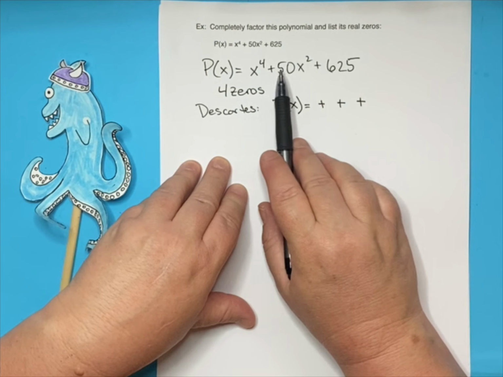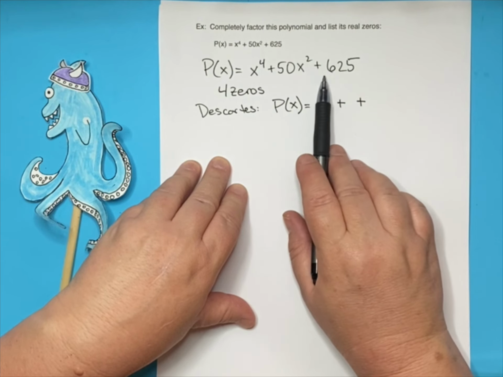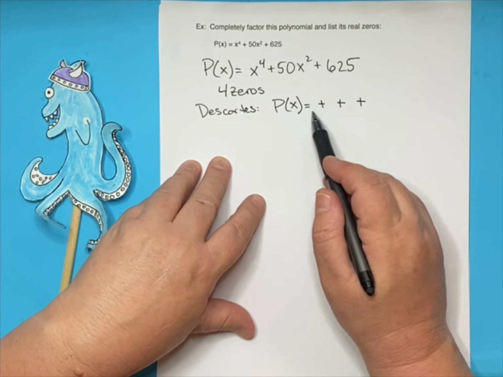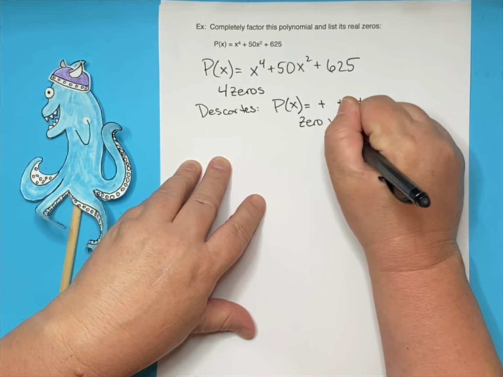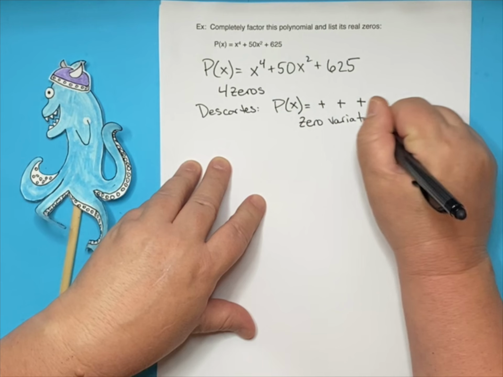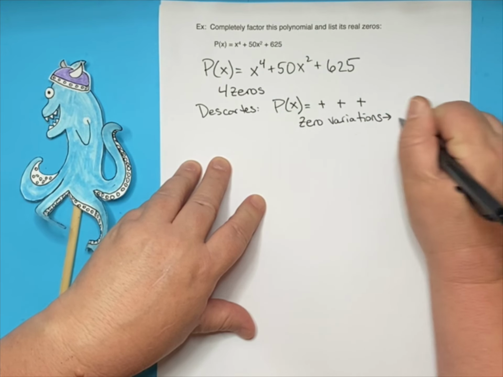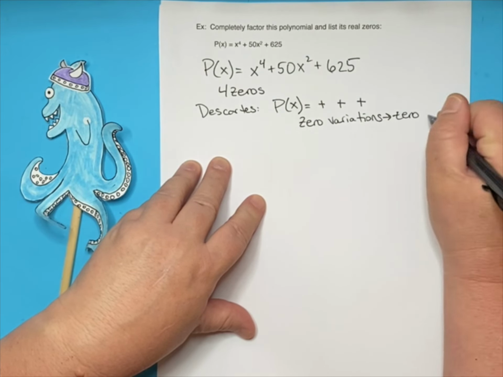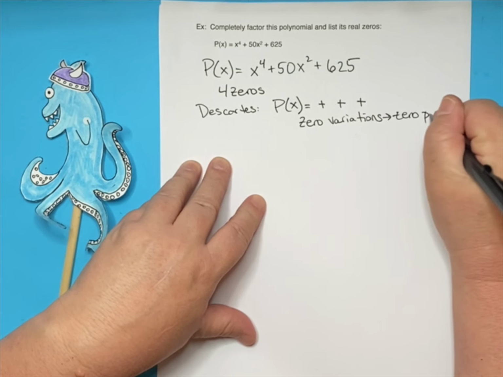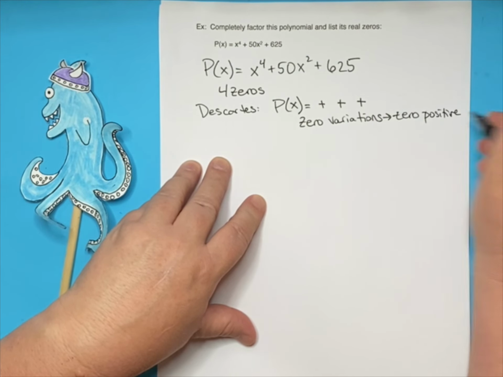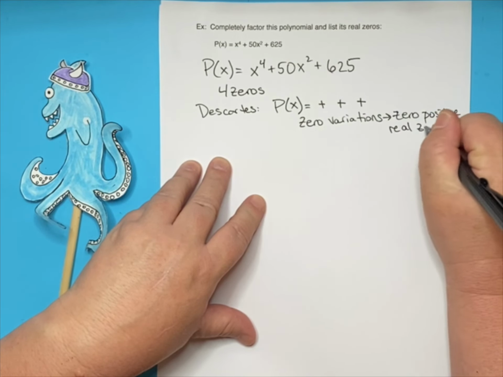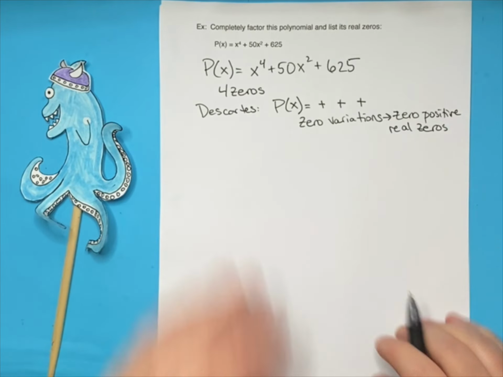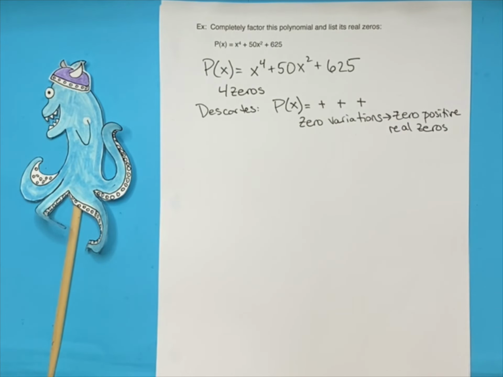Plus x to the 4th, plus 50x squared, plus 625. There are no variations. So there are 0 positive real zeros. So we shouldn't look for any positive real zeros.